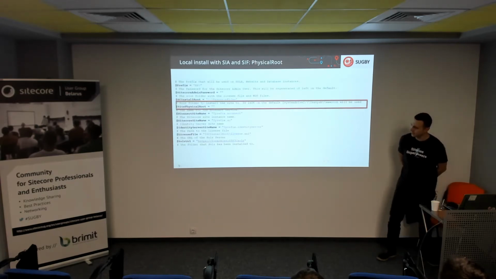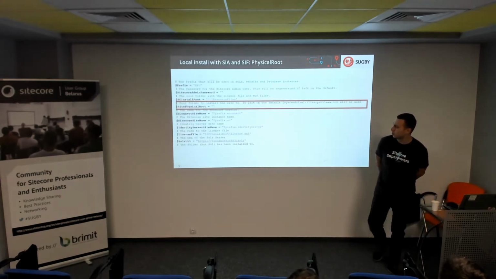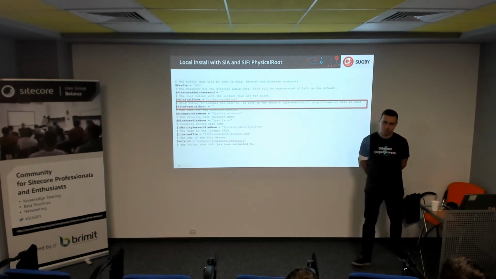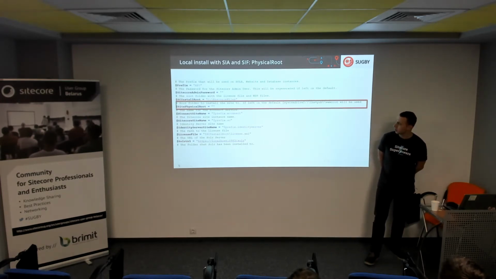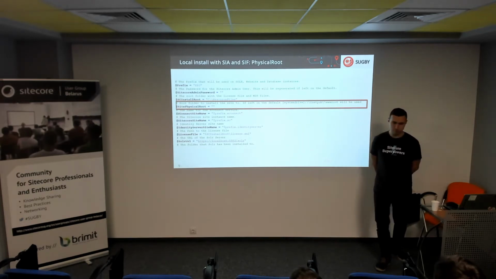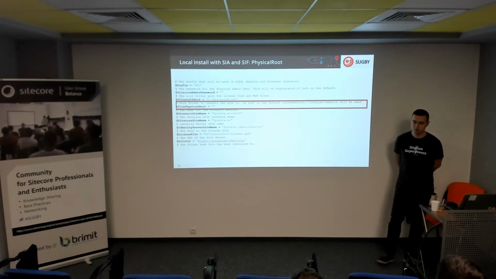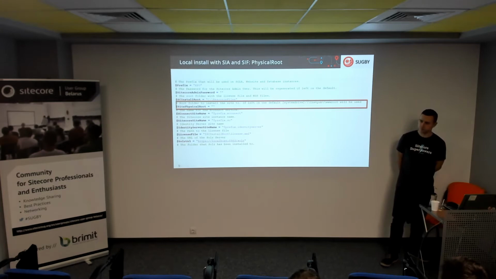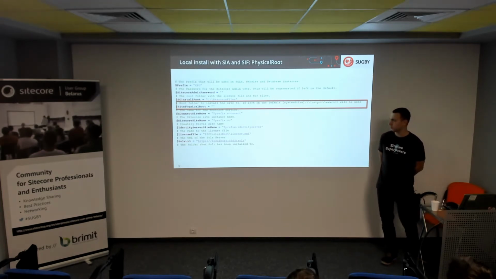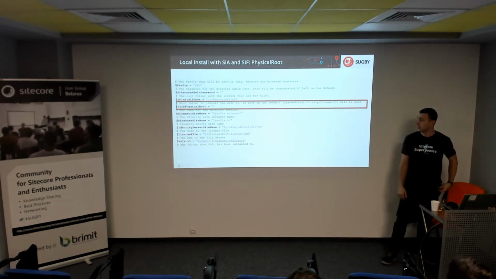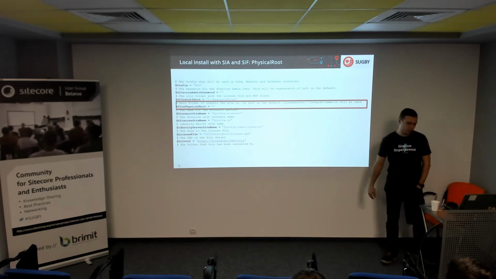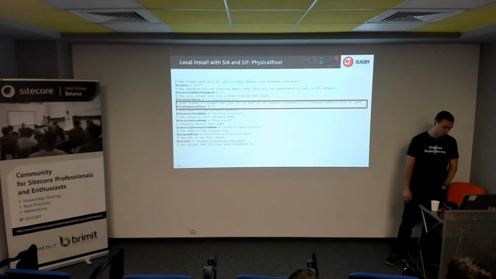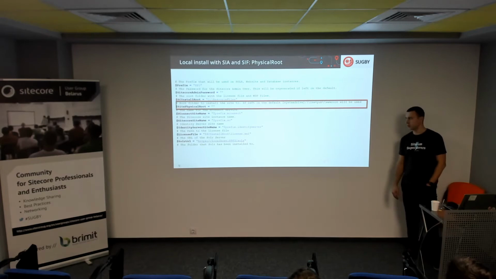Additional feature: now we can choose where we want to install our environment. This option is available only when you install Sitecore using the SIF. Probably we can edit some configs for the graphic interface, but it is impossible out of the box. But if you use SIF, you are able to choose where you want to install your instance.